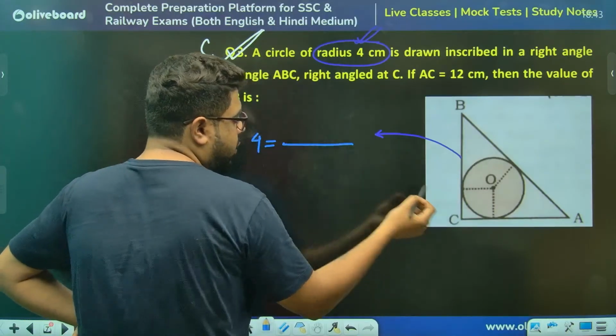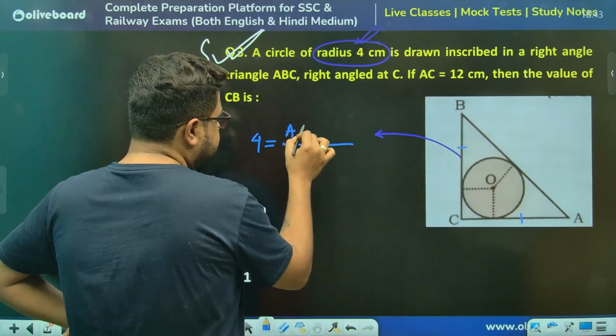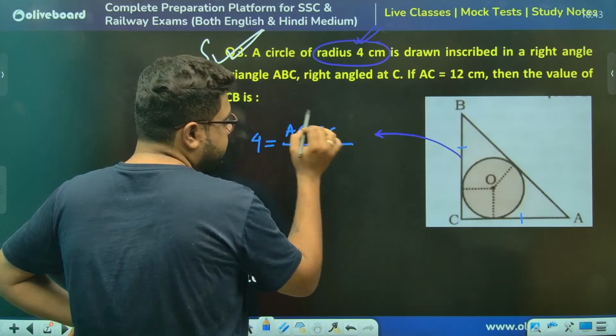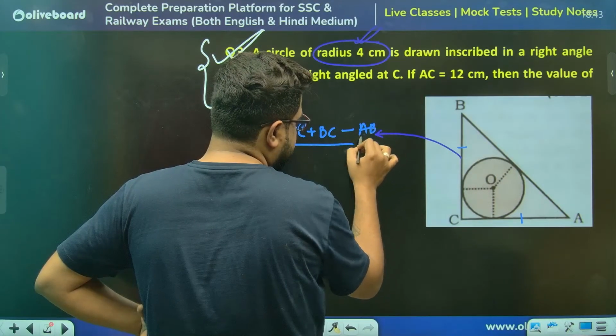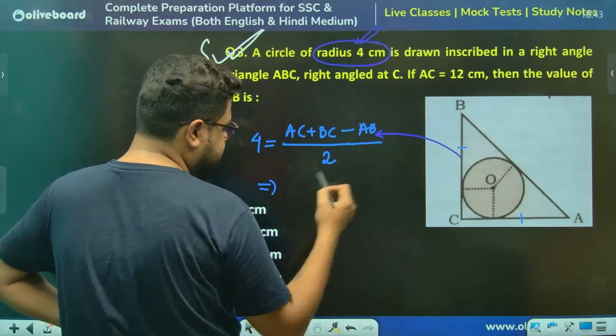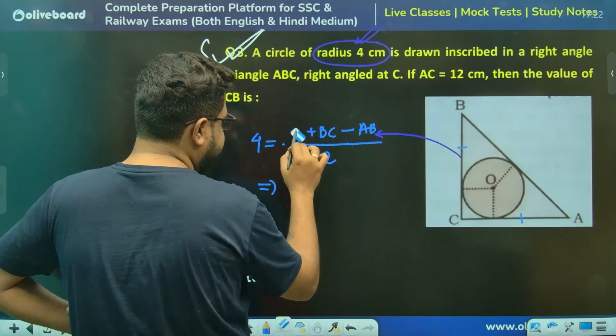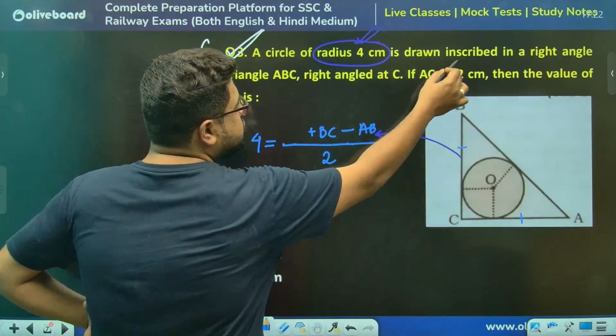For any right angle triangle, it is always these two sides, AC plus BC, minus AB, divided by 2. Now, we know the value of AC. AC is given as 12.